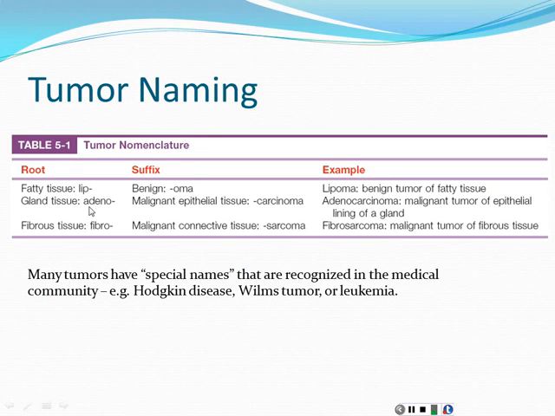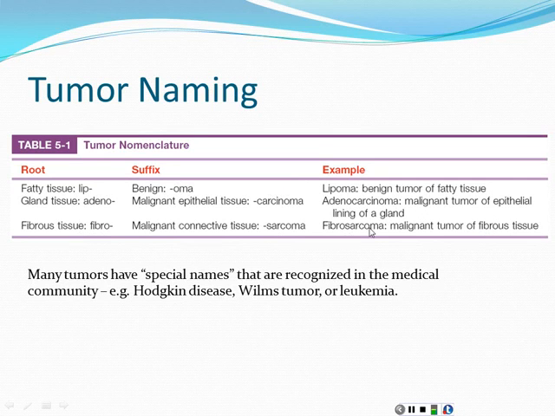Glandular tissue is adeno, so an adenocarcinoma would be a malignant tumor of a gland. And fibro is fibrous tissue, so a fibrosarcoma would be a malignant tumor of fibrous tissue, and fibrous tissue is usually connective tissue, so that's what makes it a sarcoma.